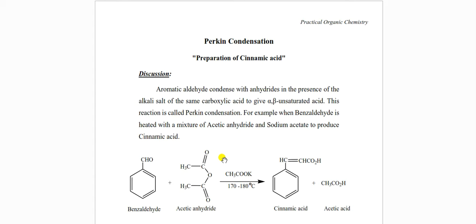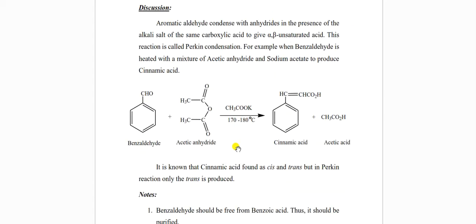Now, the product in this reaction contains a double bond. As you know, in any double bond there are two conformations, cis and trans, in a product or in the structure. Cinnamic acid could be found as cis and trans because there is a double bond, but the product in Perkin condensation is found only as the trans product.